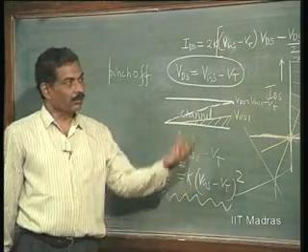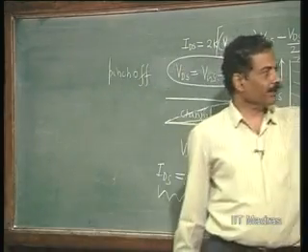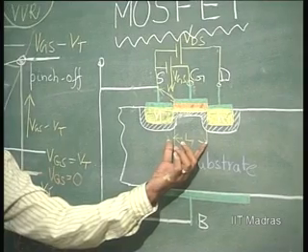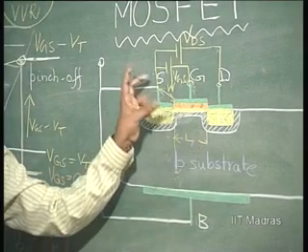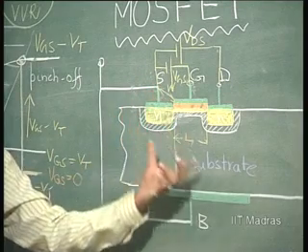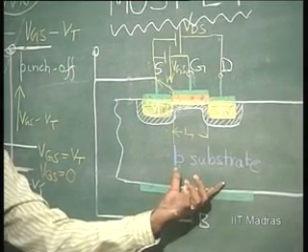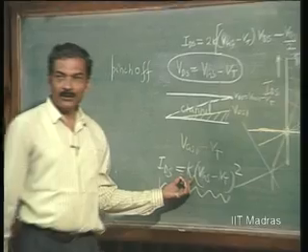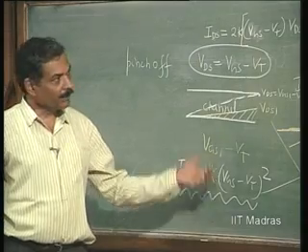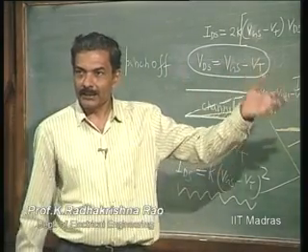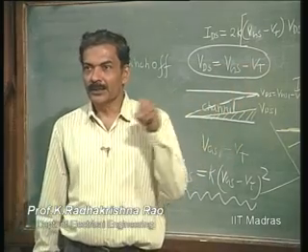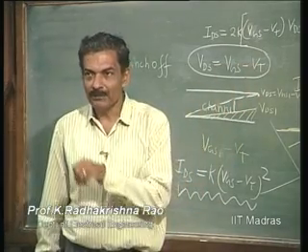W is the width of the channel and L is the length of the channel, and the resistance of the channel obviously depends upon W by L. It is directly proportional to W, and inversely proportional to length. So, K is a factor dependent upon the W by L ratio. Obviously, it depends upon the mobility of the carrier. If it is N channel, it will depend upon the mobility of electrons. If it is P channel, it will depend upon the mobility of holes.